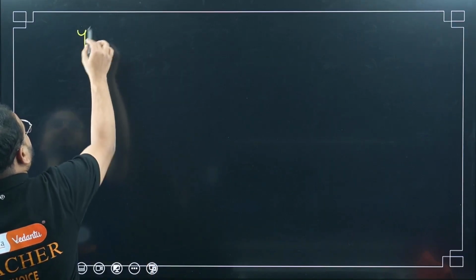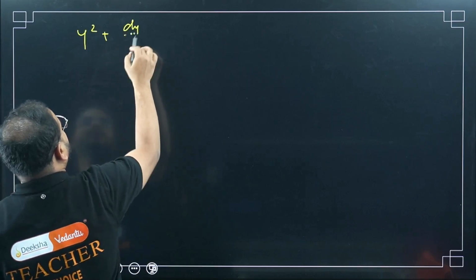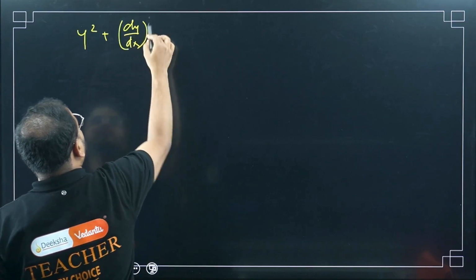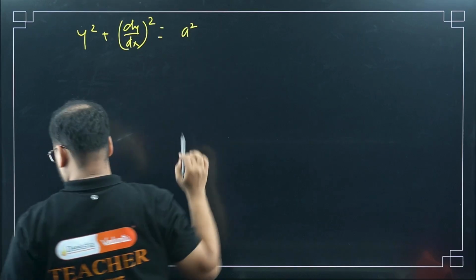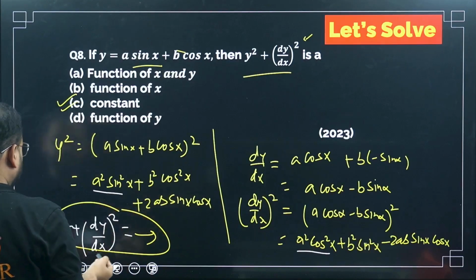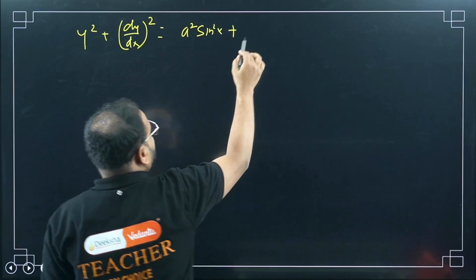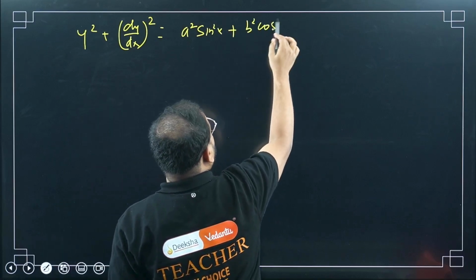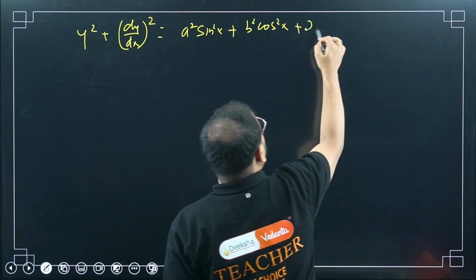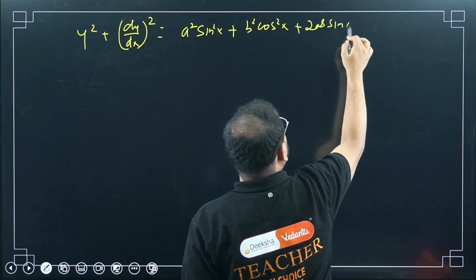Check here. So y square plus dy by dx the whole square will become a square sin square x plus b square cos square x plus 2ab sin x cos x.